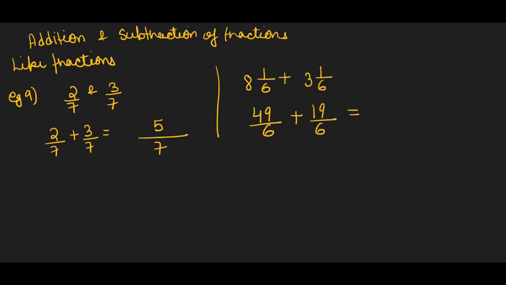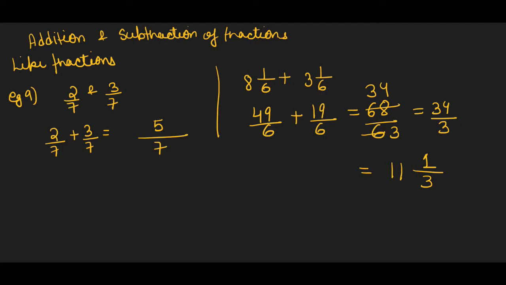So 49 plus 19 is equal to 68 upon 6, and this can be simplified. 2 3s are 6, 2 34s are 68, 2 3s are 6. So this will be 34 upon 3, and we can convert this into a mixed fraction. So this will be 3, 11 3s are 33, and this will be 11 1 by 3.